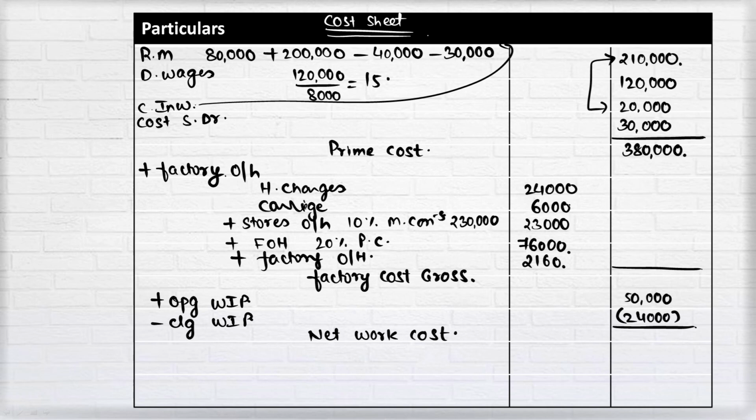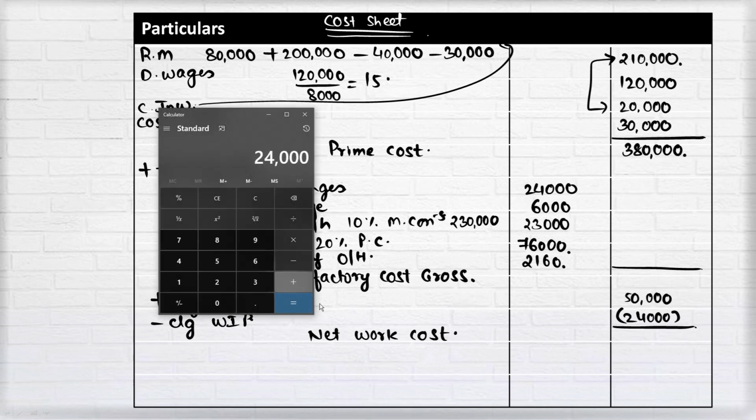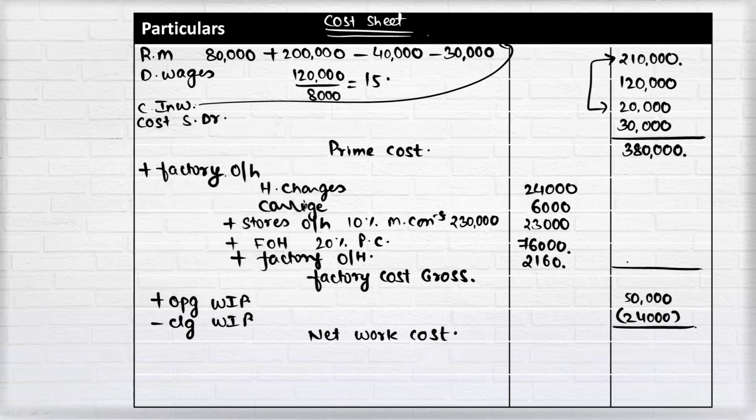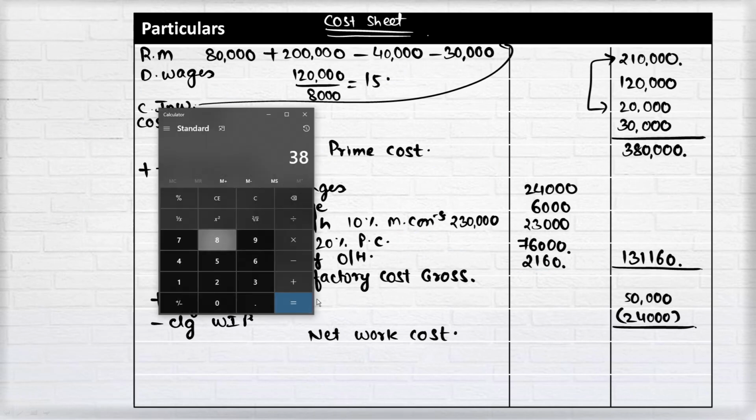This is 3,80,000. I can total this out. It is 24,000 plus 6,000 plus 23,000 plus 76,000 plus 2160. It is 131,160. 3,80,000 plus 131,160 is 5,11,160.